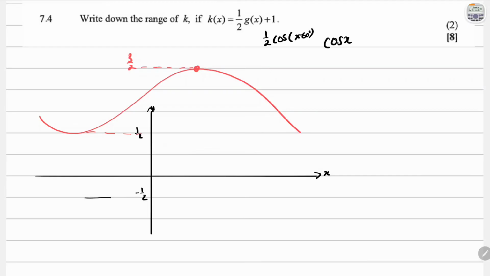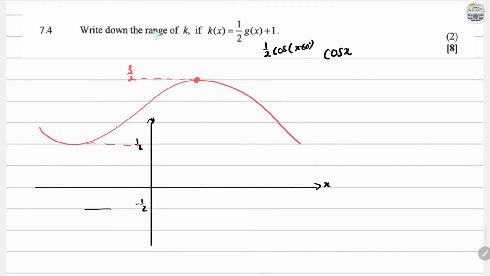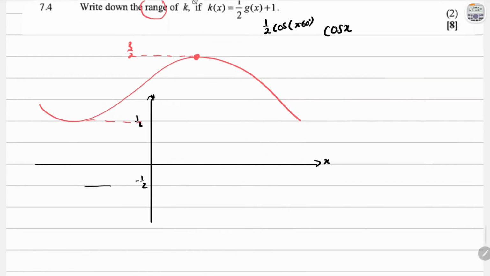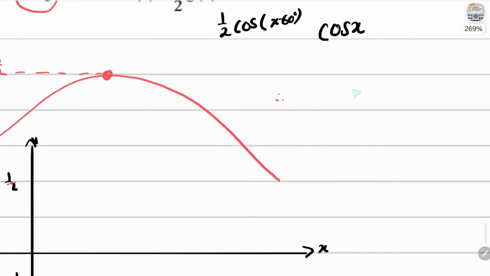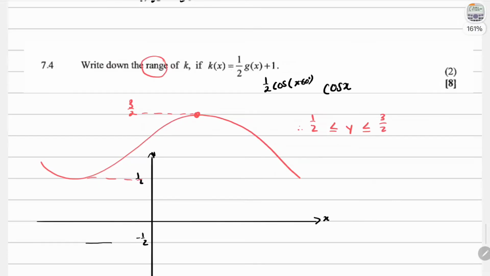So the range would be all the possible y values of this graph. Since it has every single y value, but does not go below a half and does not go above 3 over 2, the range should be y is greater than or equal to 1 over 2, but less than or equal to 3 over 2. And that will be our answer.